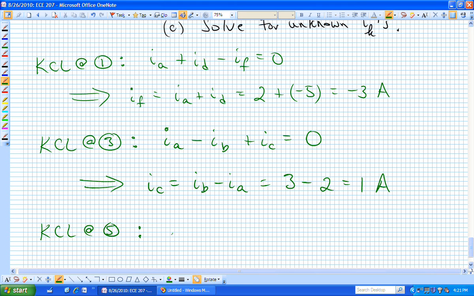I sub F flows into node 5. I sub G flows out. That's going to be a minus. I sub H flows out. That's also a minus. But the algebraic sum of those defined currents needs to be 0.